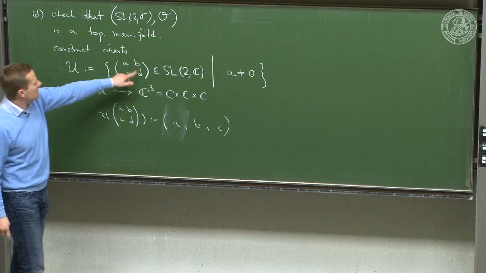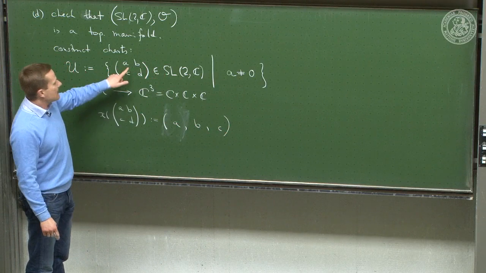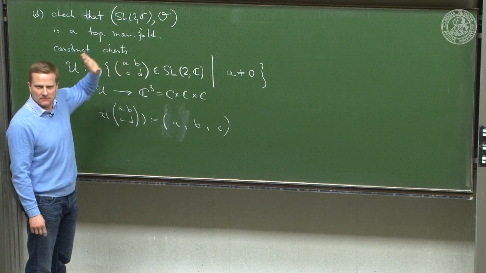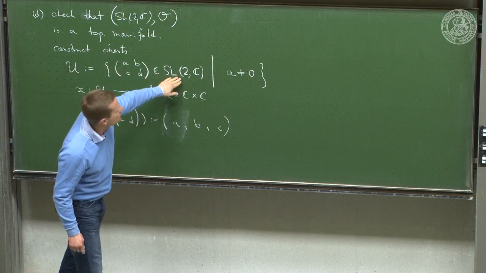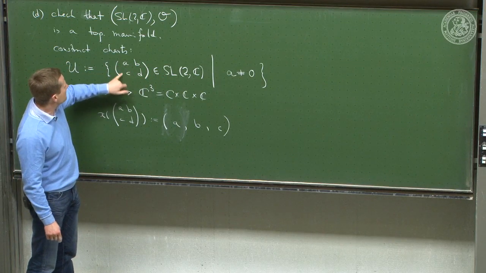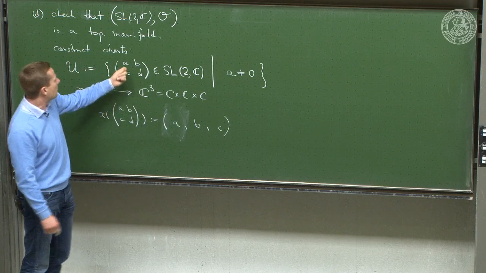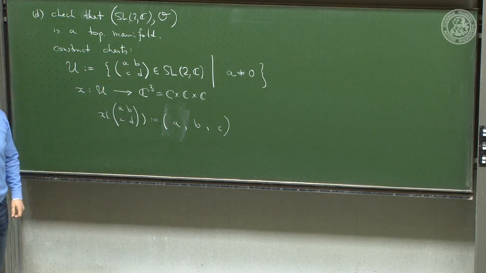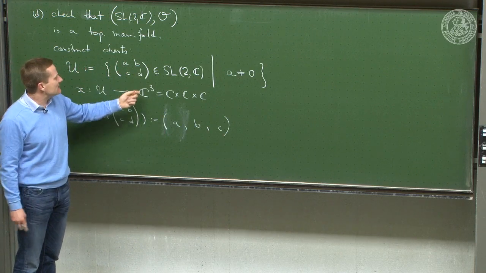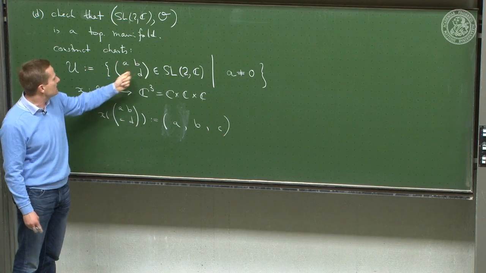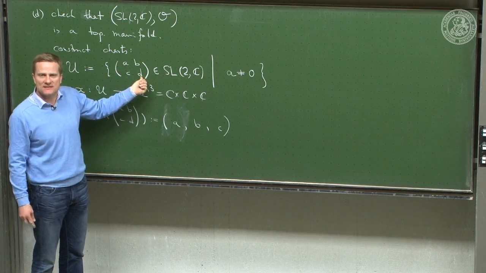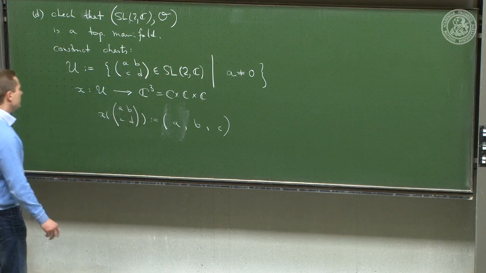So I look at such an element in SL2C and take the coordinates of this guy. This is a point in the topological space, but I coordinatize it by only looking at these three, and these are the three coordinates of this point. What about the D? Of course, I don't need the D, because if I know these three, by virtue of this being in SL2C, I can already reconstruct the D.